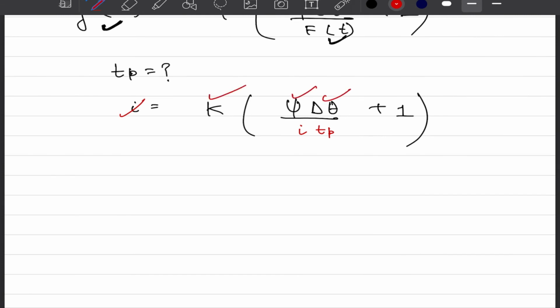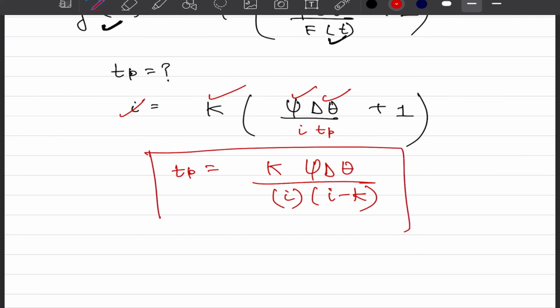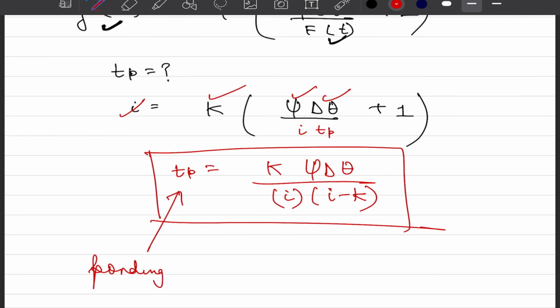So we can easily estimate the time at which ponding will happen, which is given by K times phi delta theta divided by I times (I minus K), and this is known as ponding time.